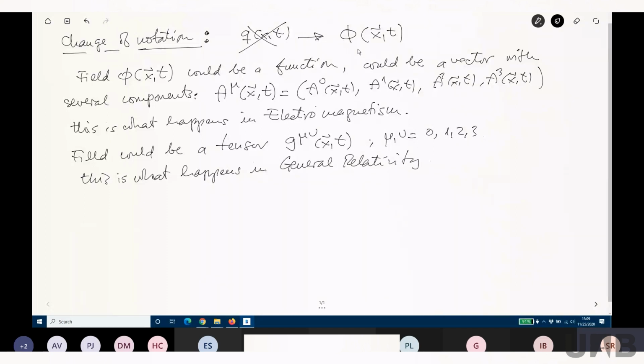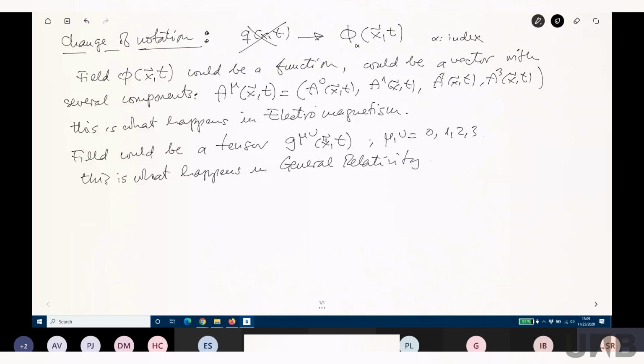The field could have an index, and this index alpha is an index. Sometimes this index could be 1, could be 2, could be 4, could be whatever you have in the problem at hand.